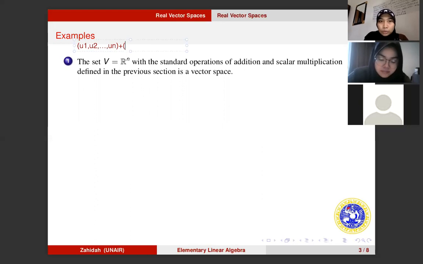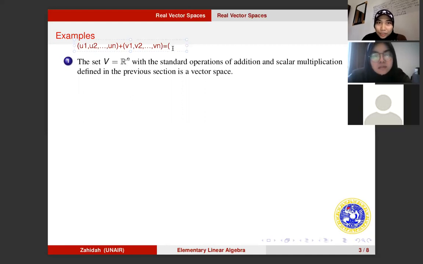If we add v, v1, v2, until vn, then what do we get? The addition operation in Rn, or n-space, we also get a vector, right?